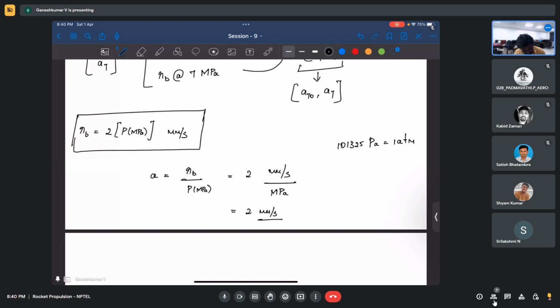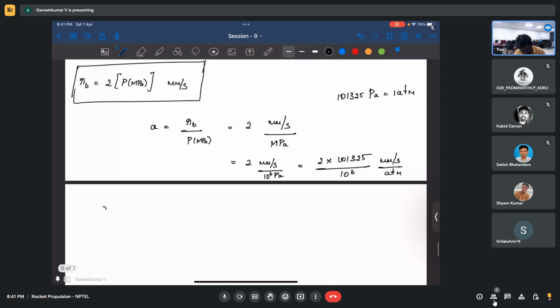You convert megapascal to 10 power 6 pascal. And then 1 pascal is going to be 101,325 divided by 10 power 6 mm per second divided by atmosphere. Fine, okay, right? So A changed.